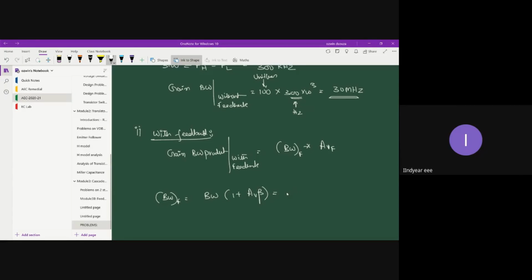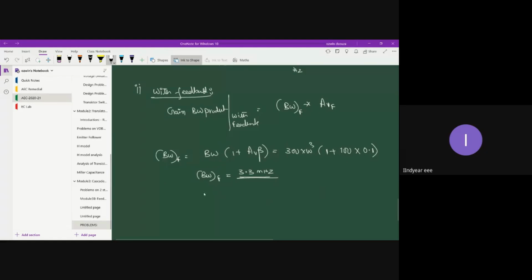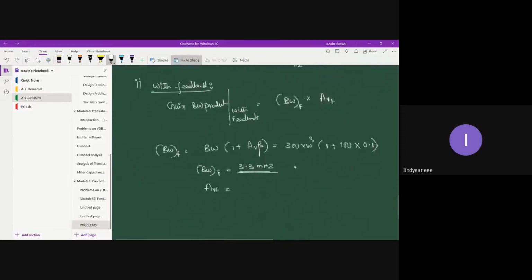So that is equal to BW, 300 kilohertz, it's already given, into 1 plus AV is 100 and beta is 0.1. Okay, so you will get BWF as 3.3 megahertz. Okay, 3.3 megahertz. And AVF we have already found, right? That is 9.09.